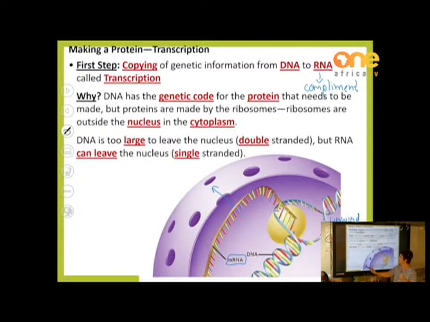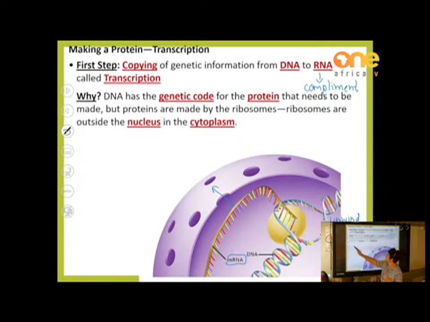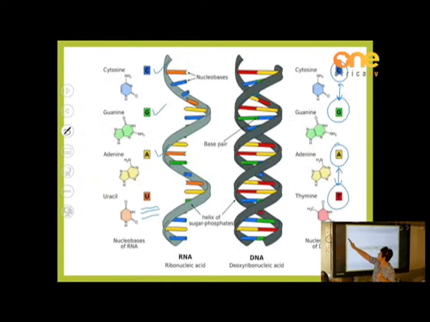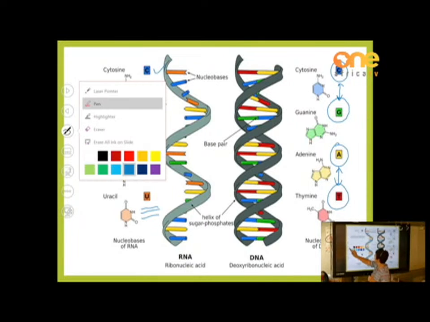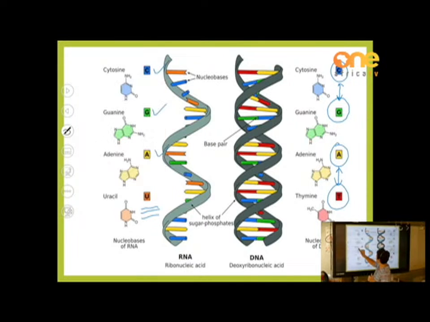So what will happen is, if we can just go back to our previous slide, the guanine of RNA will link to cytosine. So let's make a note here to help us remember. The guanine on the RNA will link to the cytosine on the DNA. Right?